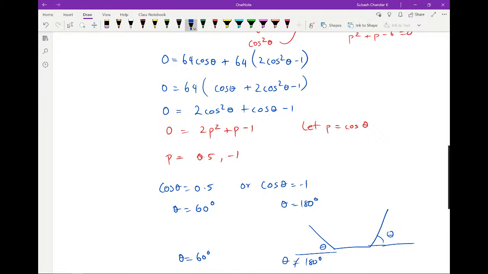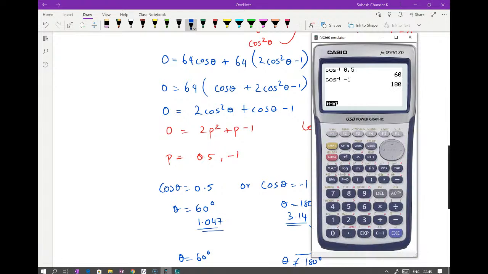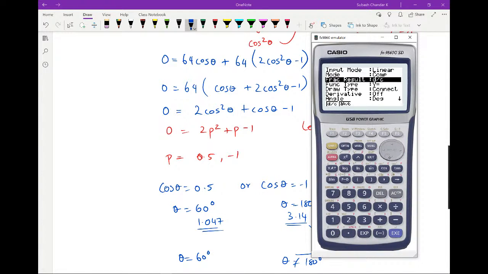Royal Hemlock, you could give the angle in radians as well. It's absolutely fine. But for me, the reason I like working in degrees, particularly with these types of questions, is because if you did it in radians, you would have got this as your answer. Let me show you what I mean. If you go shift setup to radians and I do cos of negative 1, I actually get 3.14.